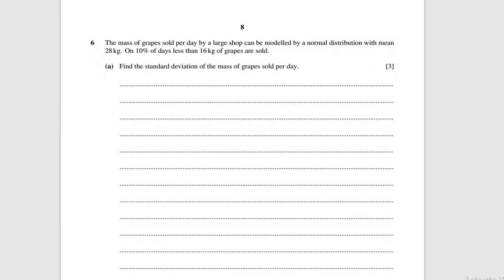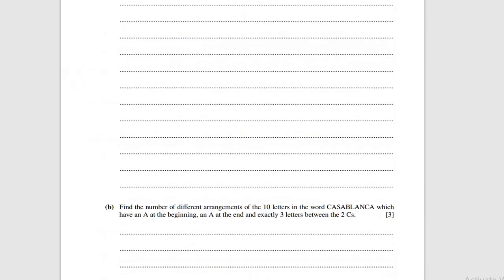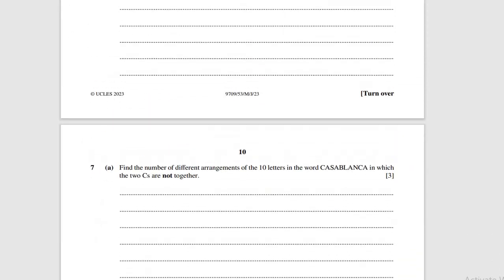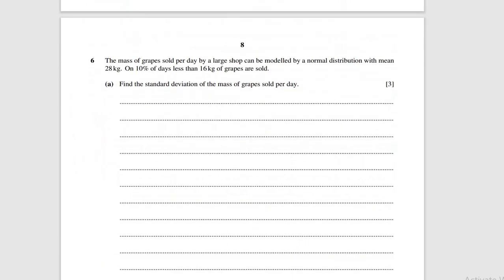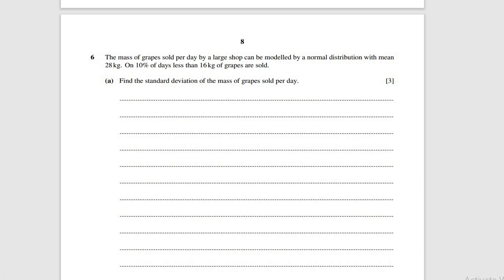Next question, number 6. We have 2 more questions to go. The mass of grapes sold per day by a large shop can be modeled by normal distribution.